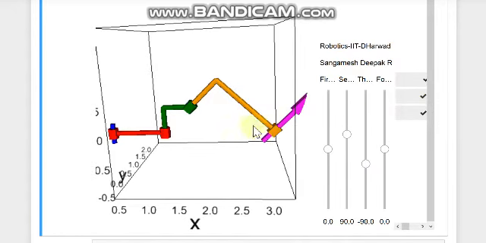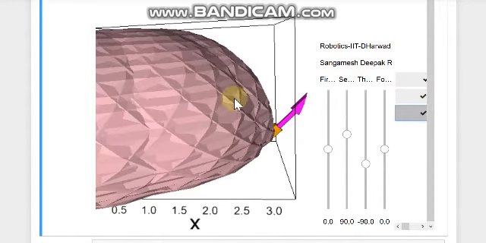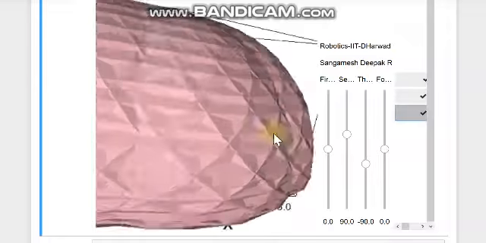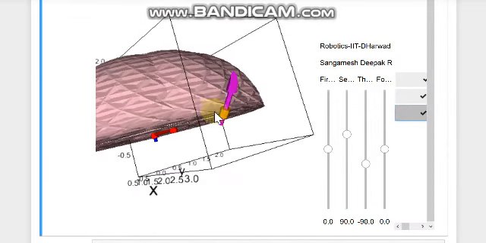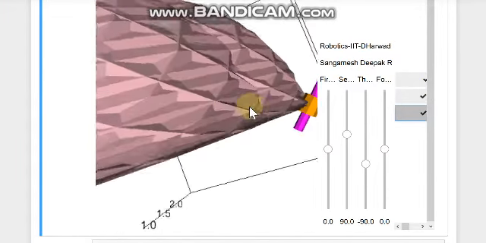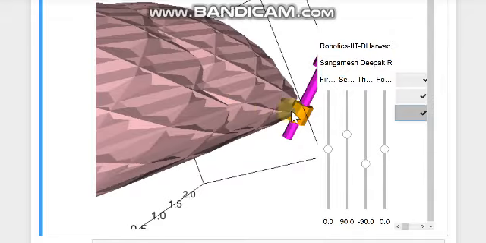Now let us see with respect to the workspace where this O4 is located. Let us put on the workspace. Okay, so this is the workspace, and this particular point O4 is at the edge of the workspace. So definitely it is lying on the boundary of the workspace.